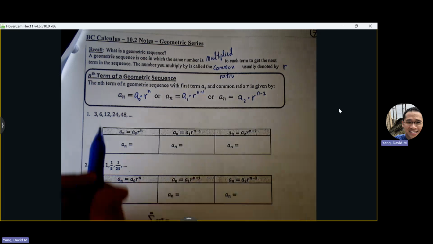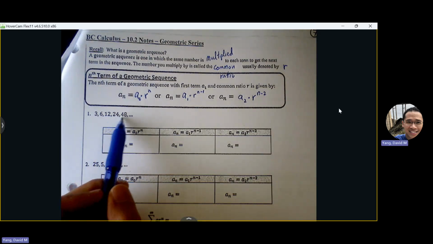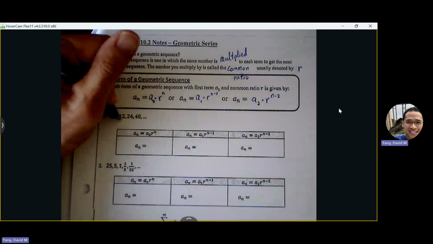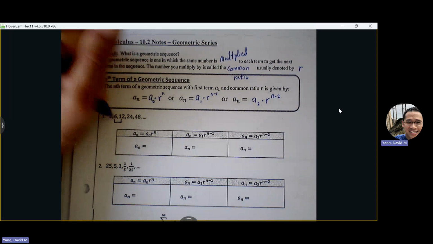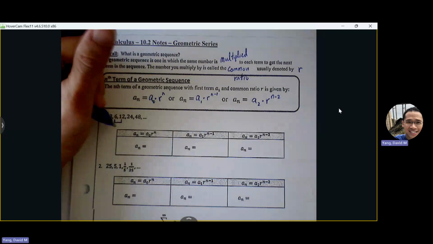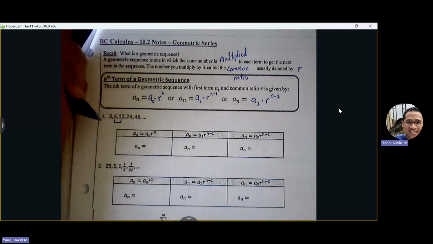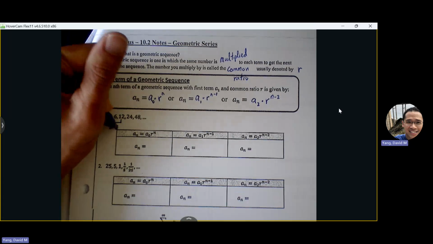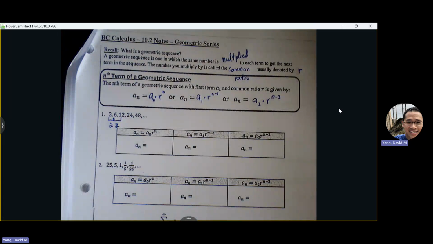So number 1, we have 3, 6, 12, 24, 48. We know that this is a geometric sequence if we can divide a term by the term before it and get the same ratio every time. So here, 12 divided by 6 is 2. 6 divided by 3 is 2 as well. So we know that we're multiplying by 2 every time to get to the next term. Here's the formula.